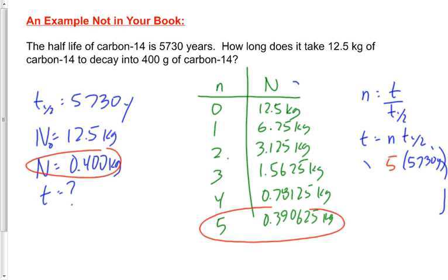We're going to get a number that's slightly different than the last answer we got using logarithms, but it's going to be really close. What was the last one? 28,453, 28,650. Okay, I can tell you this.